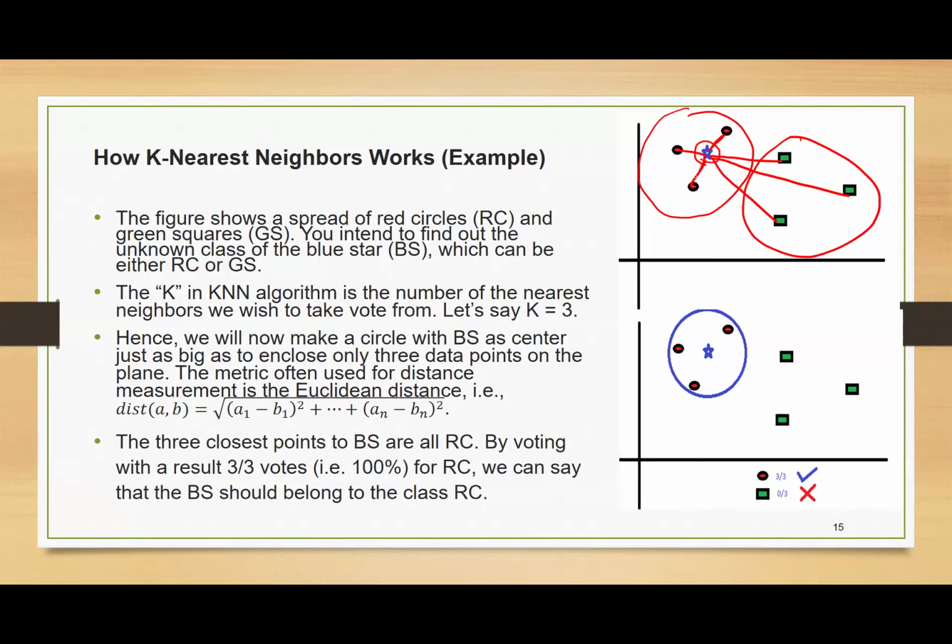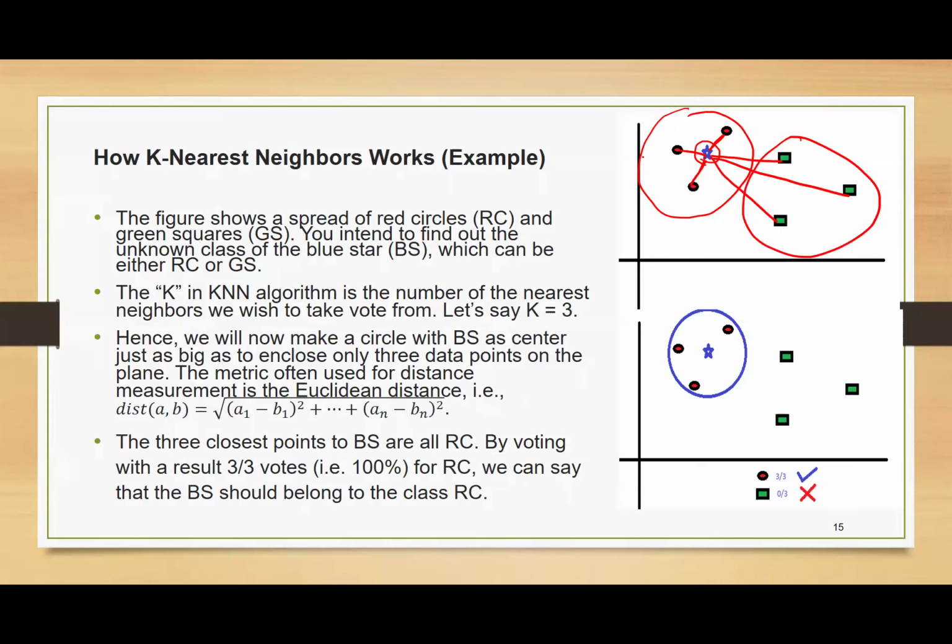In this case, we can find that this star is closer to the red points, and then we just classify this new sample, the star, as the red circles.